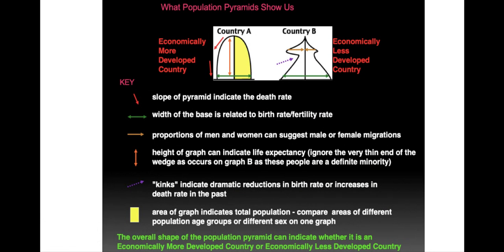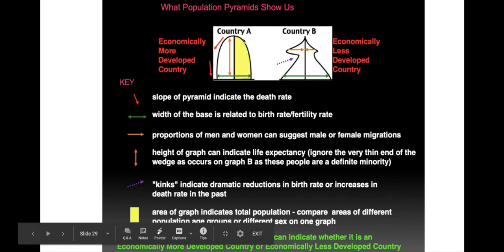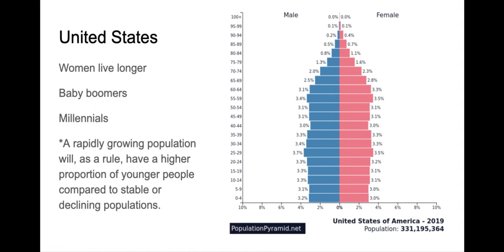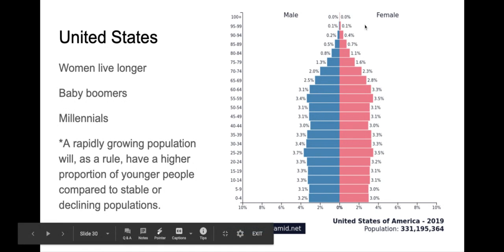Okay, if you want to take a look at what each of the sections mean, you can pause the video and take a look at how we represent these age-based diagrams. So for the United States, there is an example here. What can we know about populations from these diagrams?